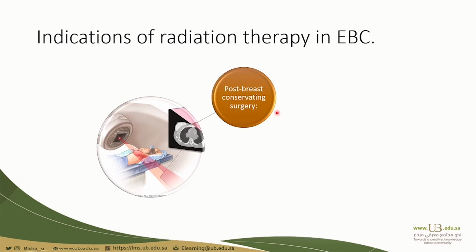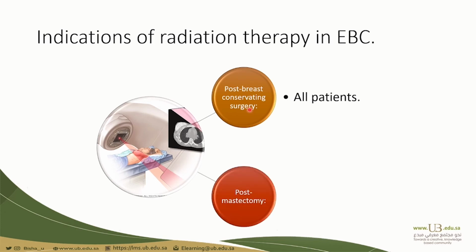Post-breast conserving surgery patients, all patients who have breast conserving surgery, whatever the type of the tumor, whether it is early breast cancer or DCIS, those patients will go for radiation therapy.